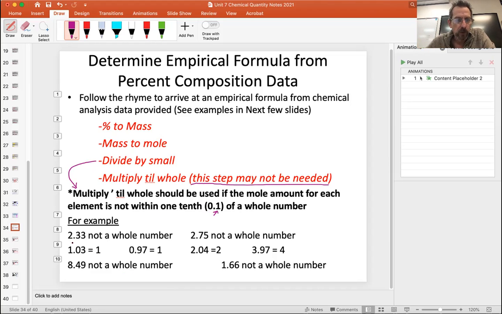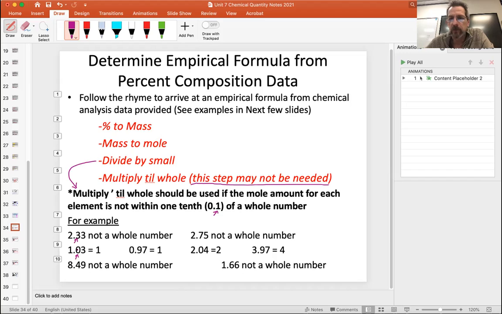For example, 2.33 is almost 0.7 away. That's not 1/10, that's 0.7 away from the whole number 3. It's 0.3 away from the whole number 2. So we can't accept that as a whole number. Now, if we look at 1.03, that is certainly within 1/10.